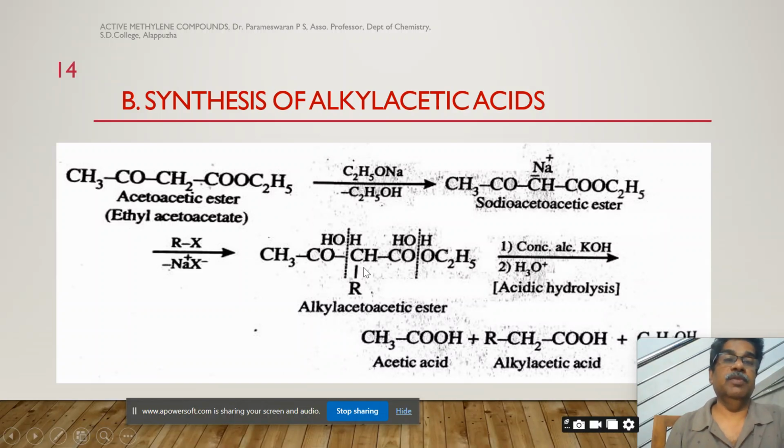So what will happen? One of the hydrogens is replaced by R, that is CH3COCHRCOOC2H5. When it is treated with concentrated alcoholic potassium hydroxide, always remember how to write it. HO, that is with the CH3CO part. The next H comes over the active methylene group.